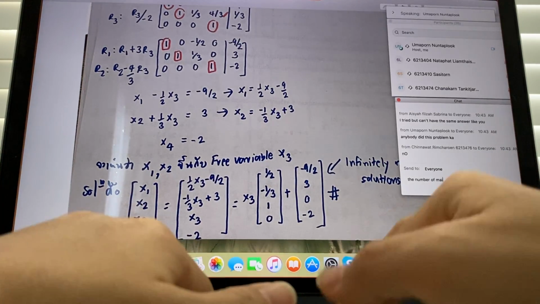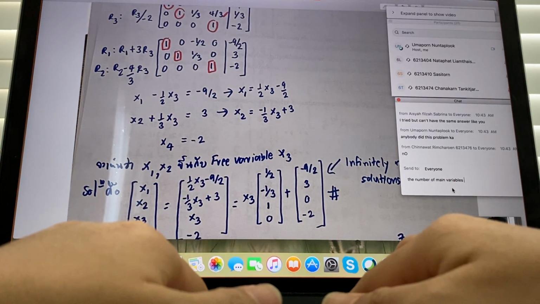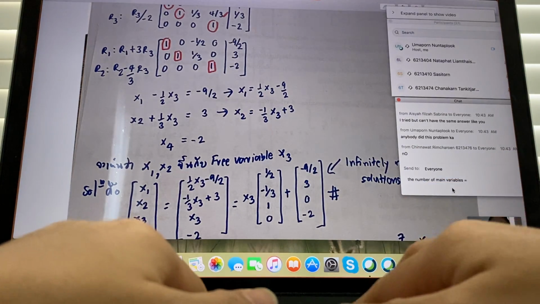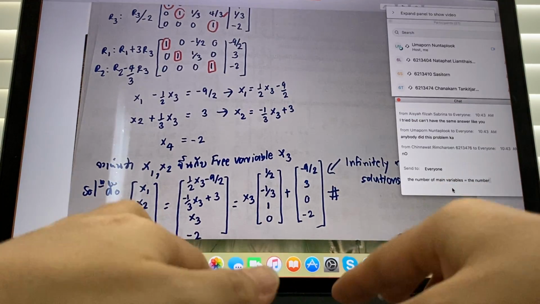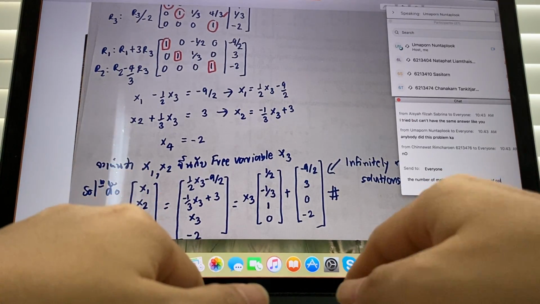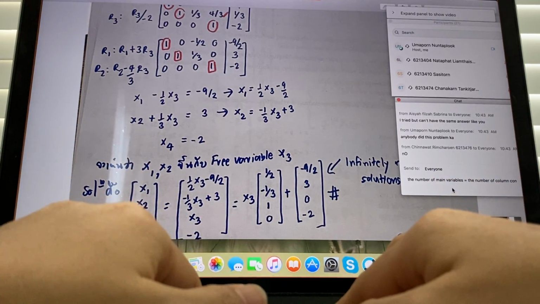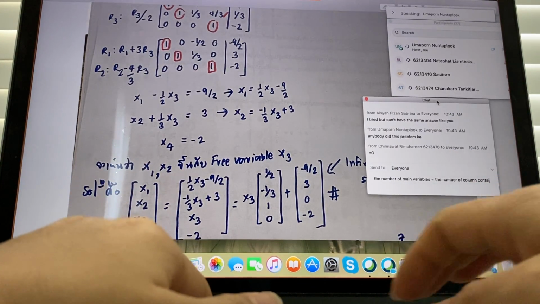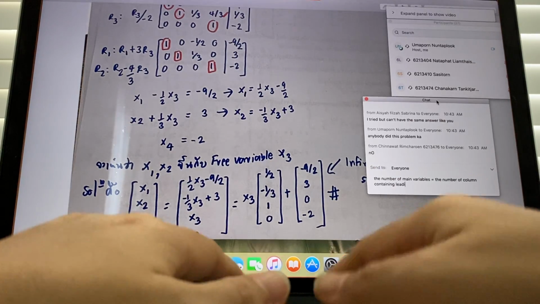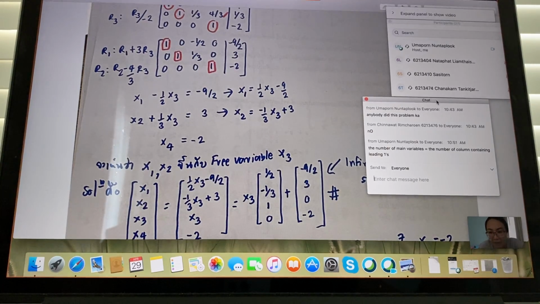The number of main variables equals the number of columns containing leading 1.